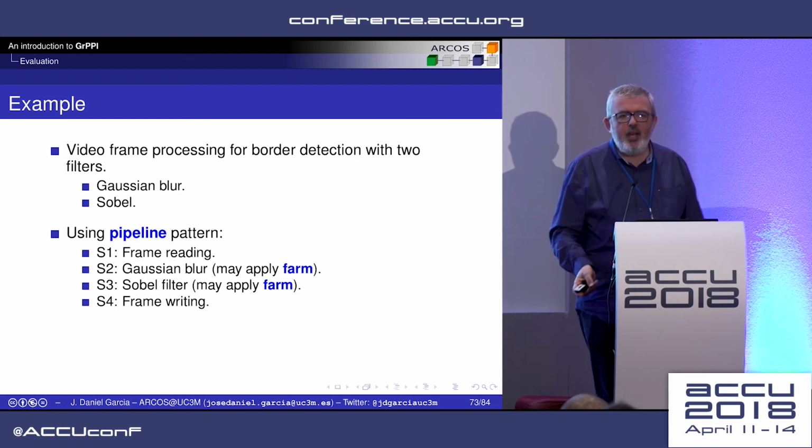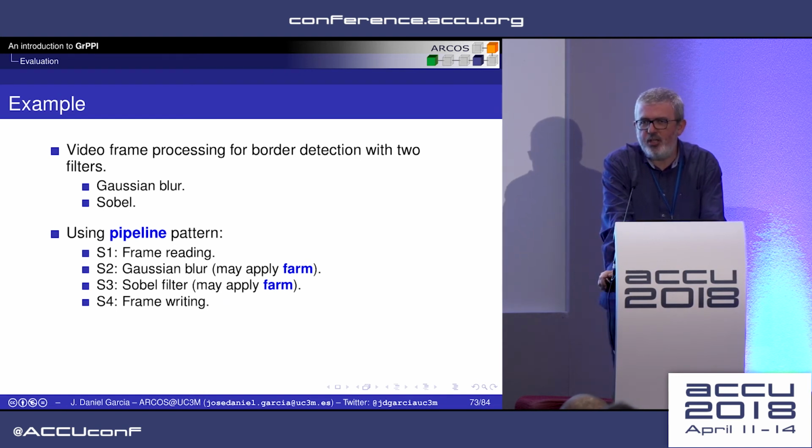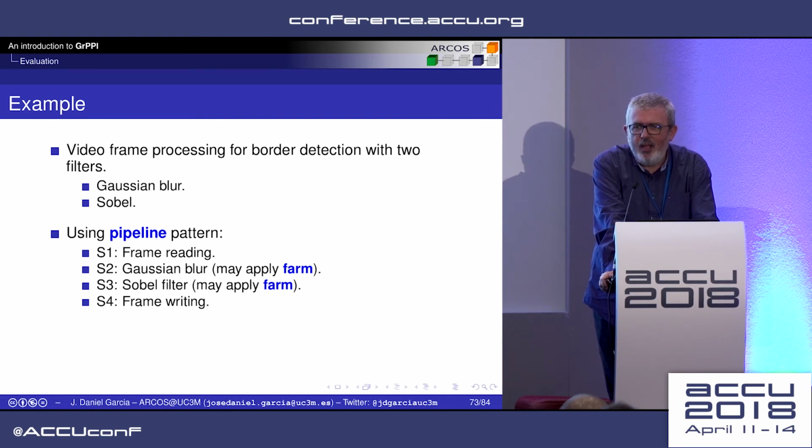There are 2 questions to answer here. How difficult is it to write the program? And what about performance compared to performing this parallelization by hand? Both in terms of number of lines of code and in terms of performance.